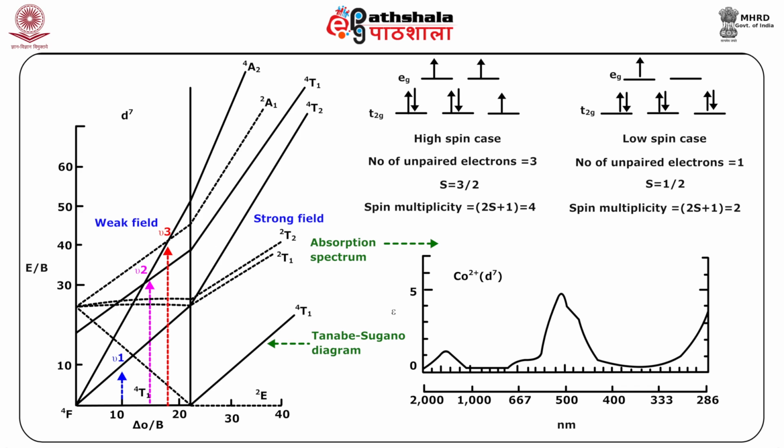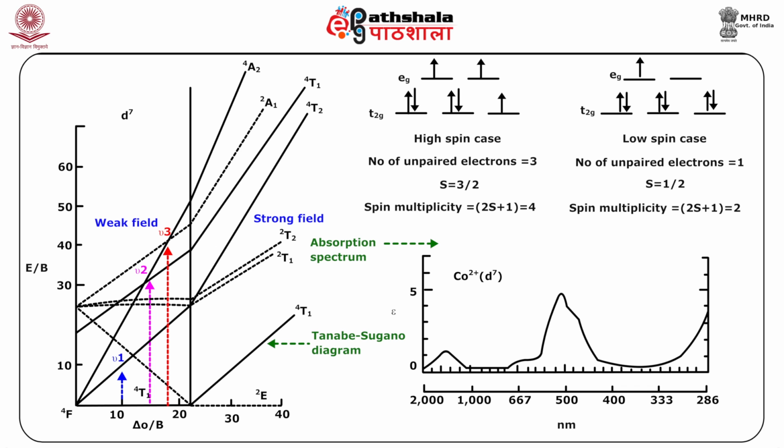In this case, the free ion term of the ground state is 4F, which splits into 3 states of the same spin multiplicity, namely 4T1g, 4T2g, and 4A2g. The next higher term of the same spin multiplicity is 4P, which transforms as 4T1g in the presence of a weak ligand field.